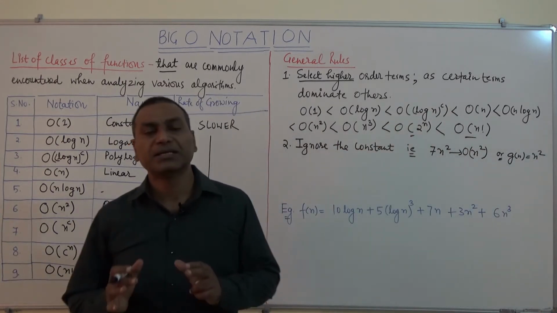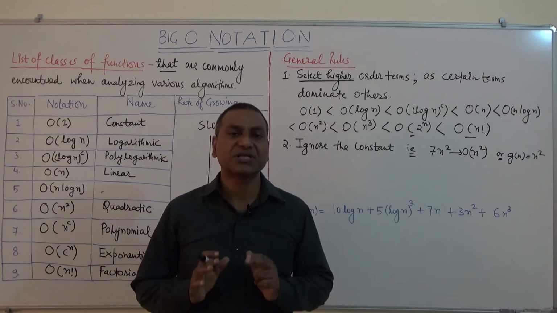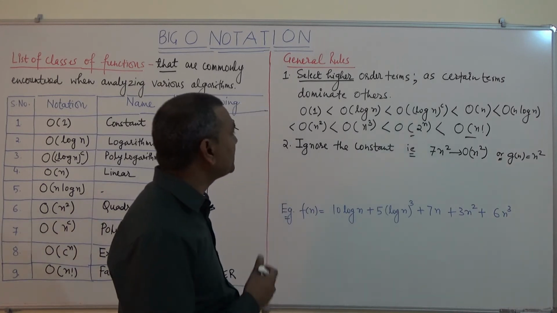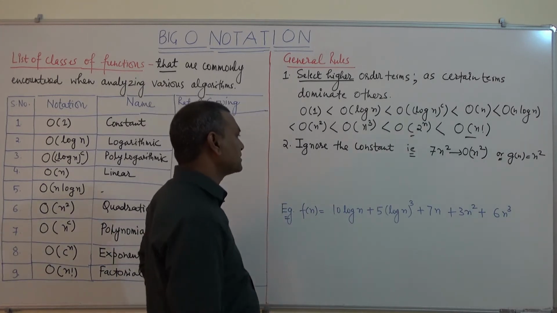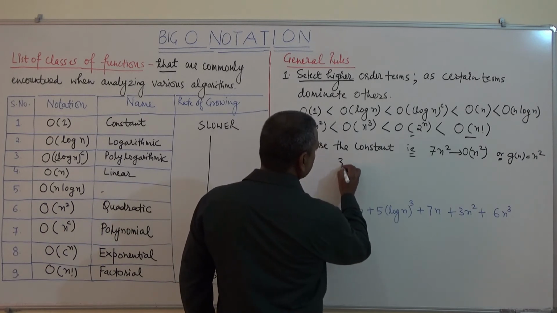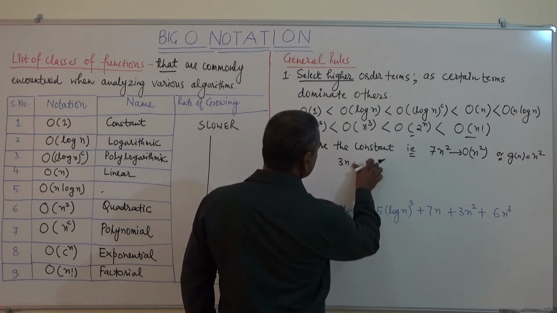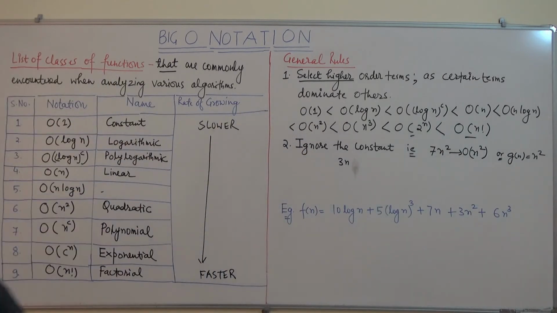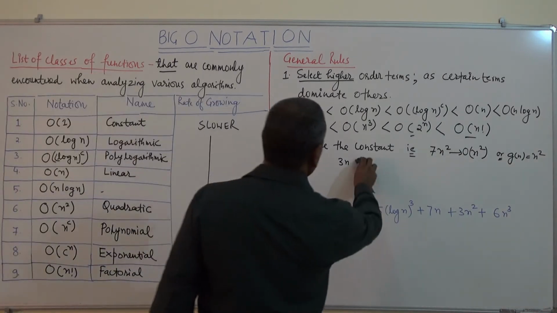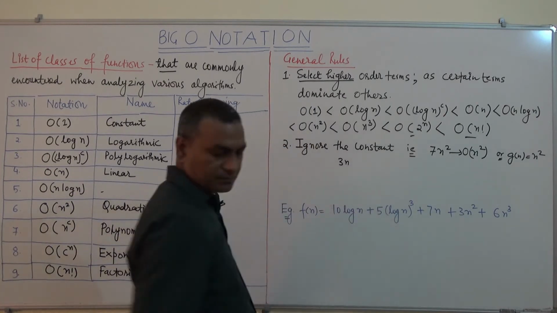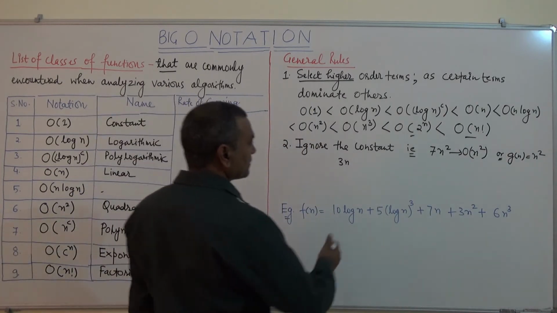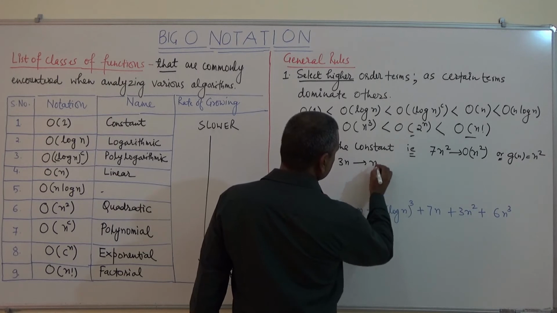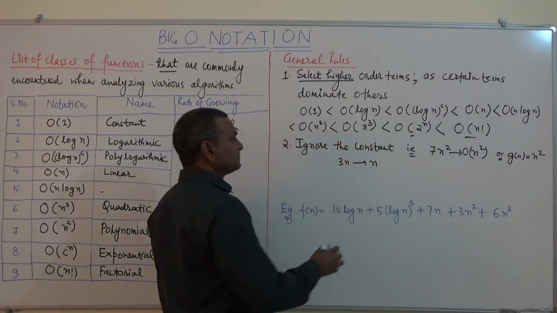So we will leave the constant term. We may take other examples also, like suppose we are taking 3n. So this will give n, and so on.